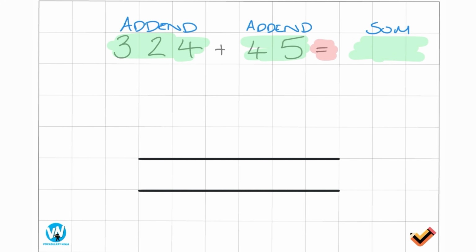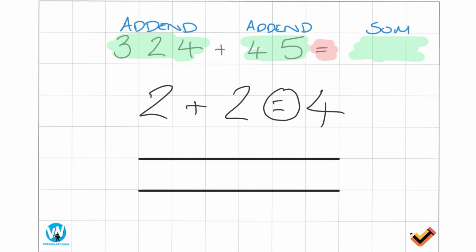So we often call it the answer because this is being posed as a question, but what the equal symbol is showing is a balance. Okay, so if we had, for example, 2 add 2 equals 4, what the equal symbol is showing is that we have 4 here and we have 4 here.